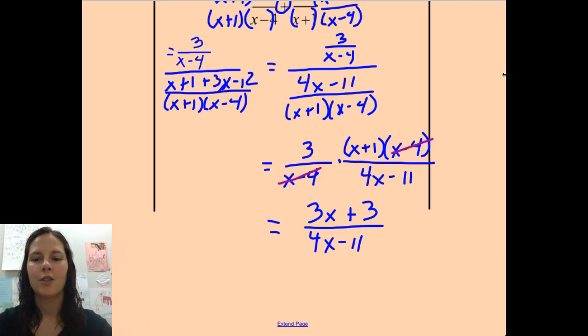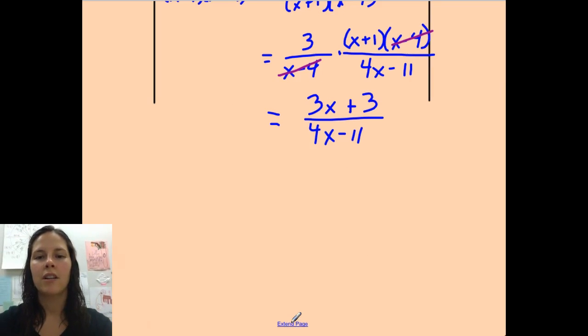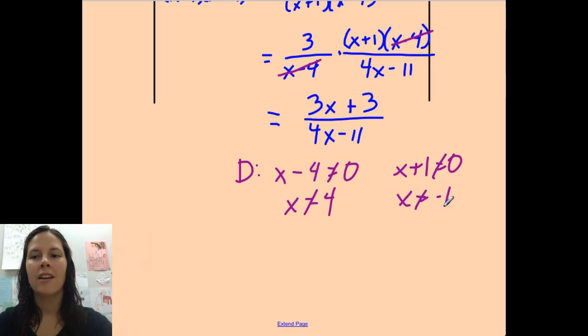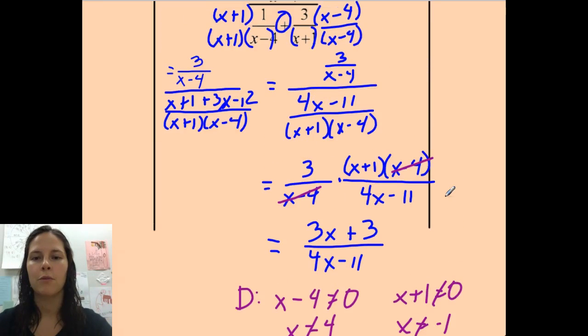Finally, let's take a look at our domain restrictions. We started off with x minus 4 in the denominator, as well as an x plus 1. So far we have x cannot equal 4 and x cannot equal negative 1. Let's take a look at if anything else ended up in the denominator as we were working through.